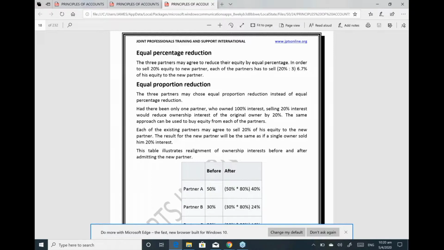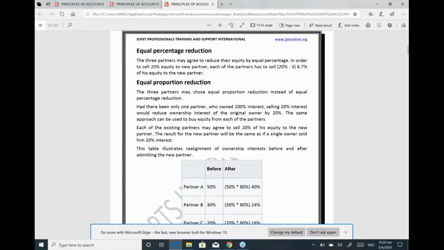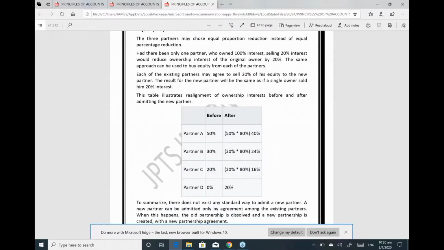Then we look at equal proportion reduction. The 3 partners may choose equal proportion reduction instead of equal percentage reduction. Had there been only one partner who owns 100%, selling 20% interest would reduce his ownership interest by 20%.